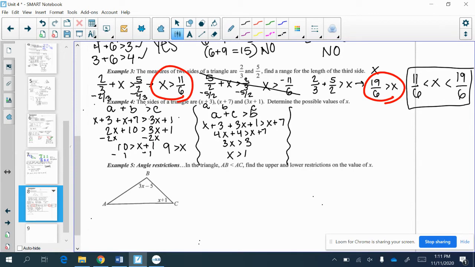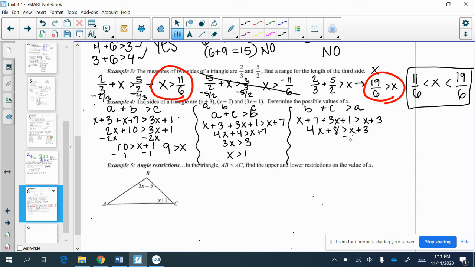And then our last one that we haven't done, we've done the two outside. Let's do B plus C. So B plus C has to be greater than A. B is x plus 7. We're adding it to C of 3x plus 1. And that has to be greater than A, which is x plus 3. So 4x plus 8 is greater than x plus 3.